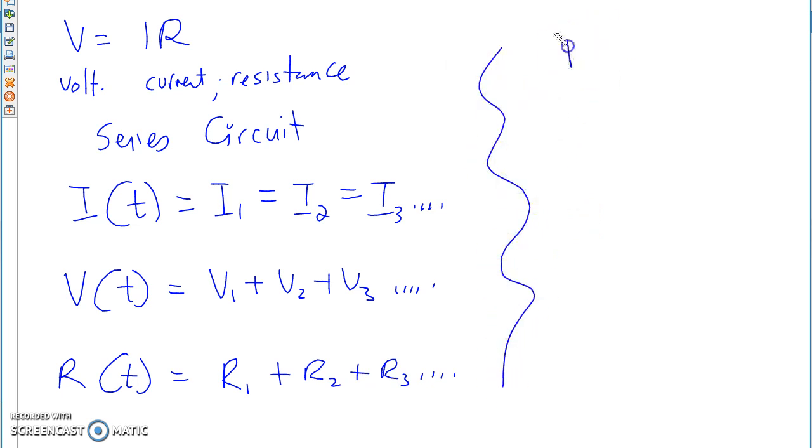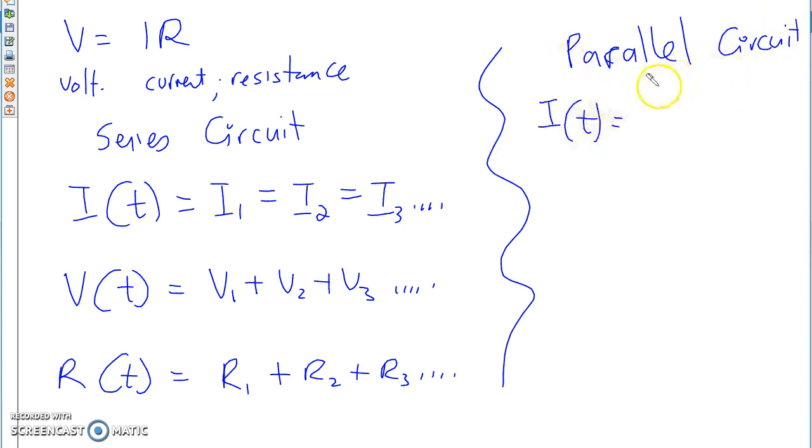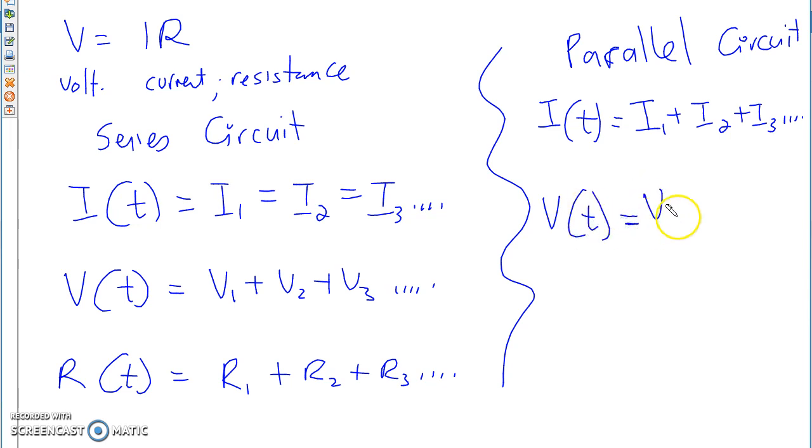In a parallel circuit, your I is the opposite of what it was in a series circuit. So the I's are added, and your voltage stays the same.